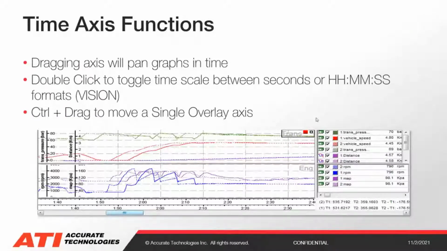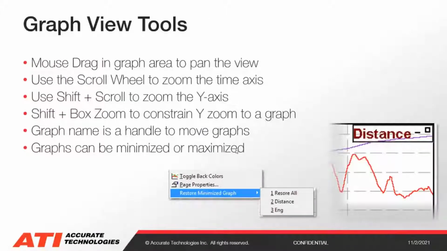We'll go into that here in a second. And control key plus click and drag will move those time axes independent of each other. And you can also double click on the x-axis to change from hours, minutes, seconds to, I believe, just minutes.